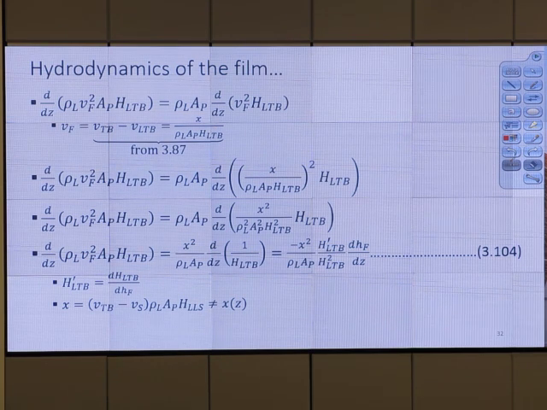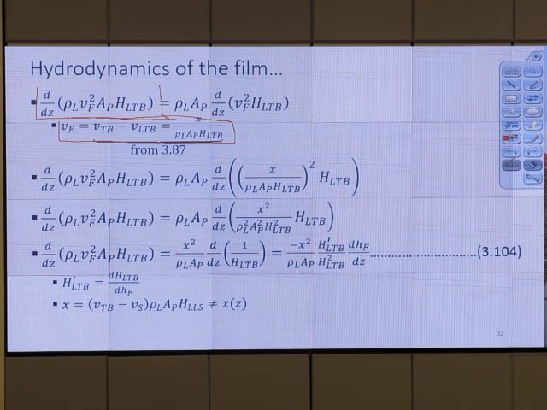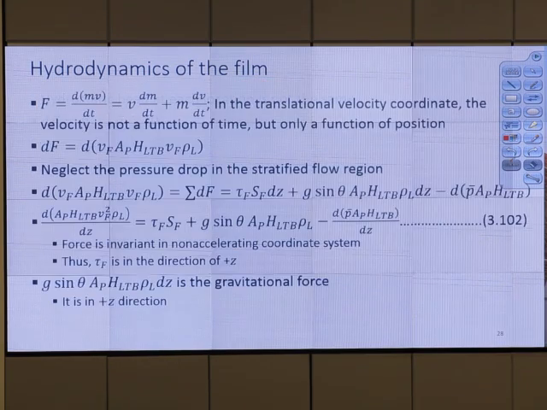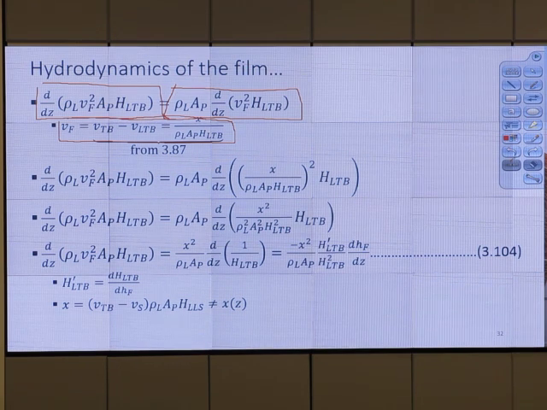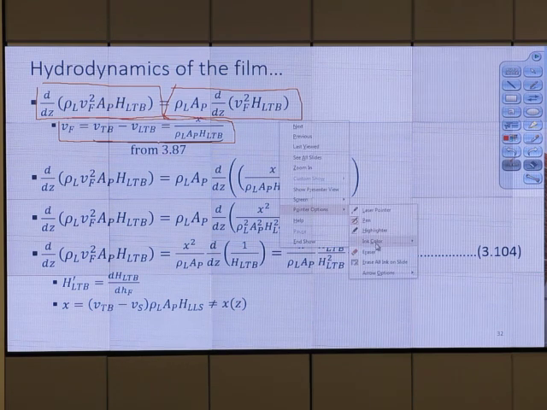And we go back to our starting equation, Vf equal to x divided by something. Okay. You see this term? This term is on the left hand side, right? VDM. VDM is this part. D of v squared a h. Take the derivative. We get this term. Okay. What I'm doing here, I substitute x inside.